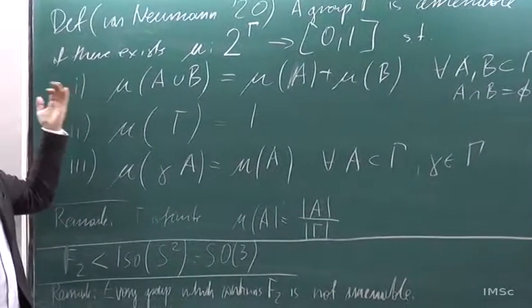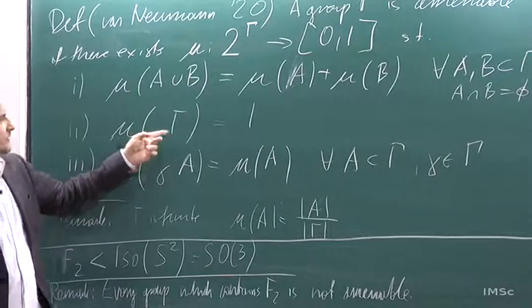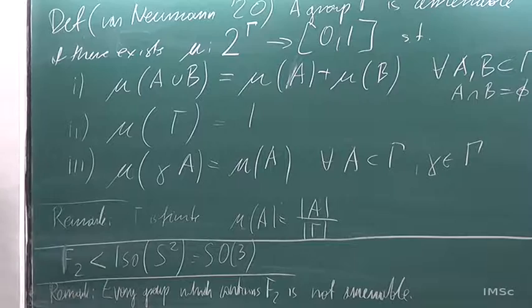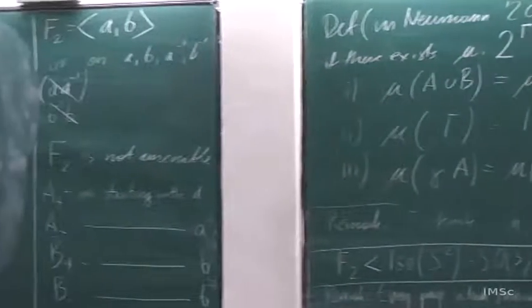The density of the whole set of integers is 1, and moreover it's invariant under translations. So the density of the translated subset is the same as the density of the subset.